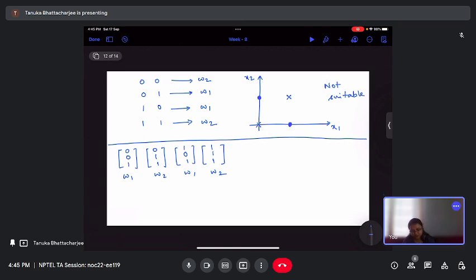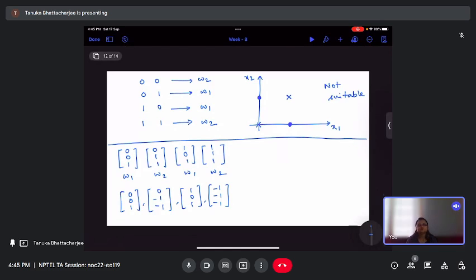Okay. So, what you will get as the final feature vectors are this, then this, then this, then this. These are the 4 feature vectors that you have.